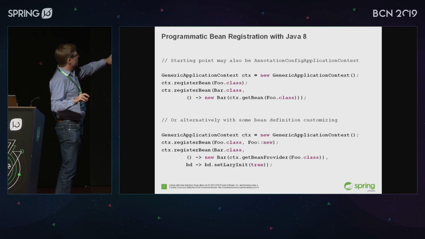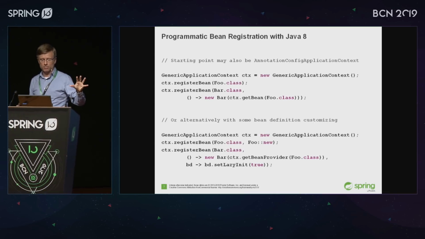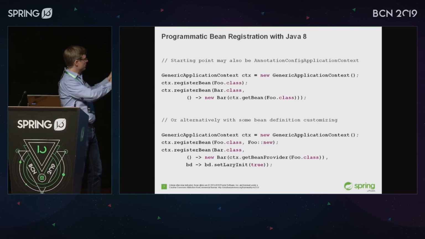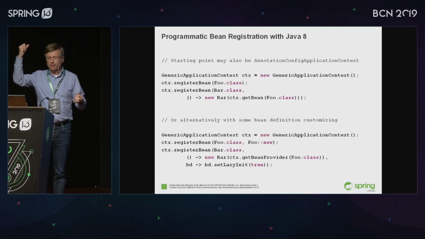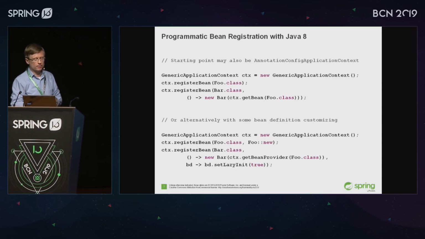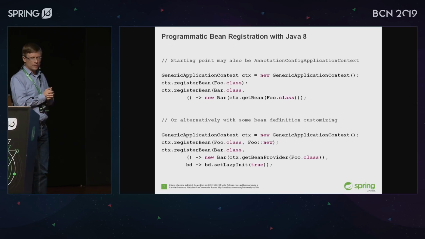The example below is a little bit more sophisticated because it registers the Bar components with an instance supplier that doesn't inject Foo itself. It makes use of the new getBeanProvider method in 5.1. You pass an ObjectProvider of Foo into that Bar constructor, and Bar can lazily interact with the container to retrieve the actual Foo instance.